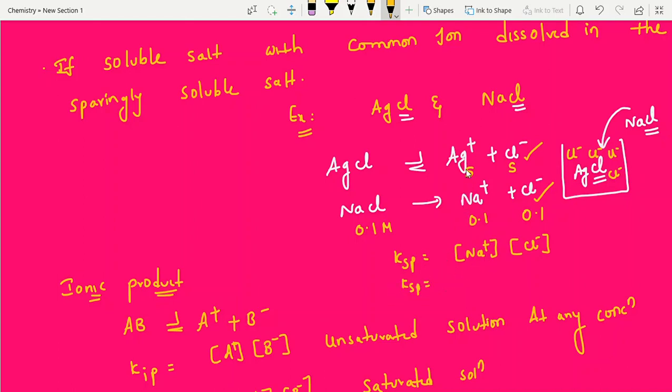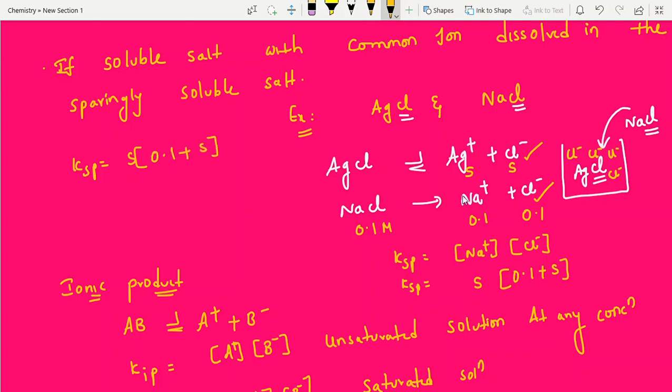Here we have to take both concentrations. If you are not taking both, you will get a wrong answer: 0.1 plus S. Clear, students? Now KSP equal to S into 0.1 plus S.